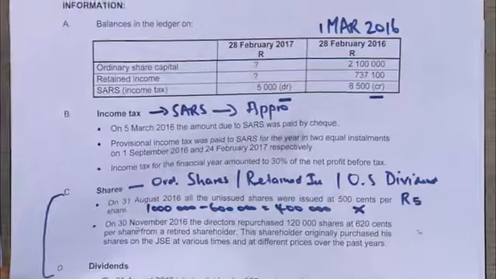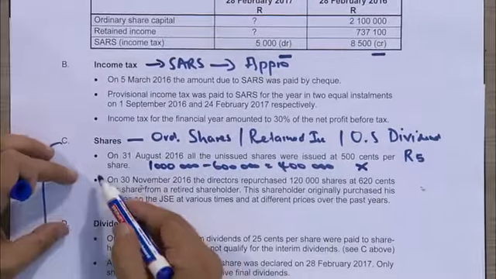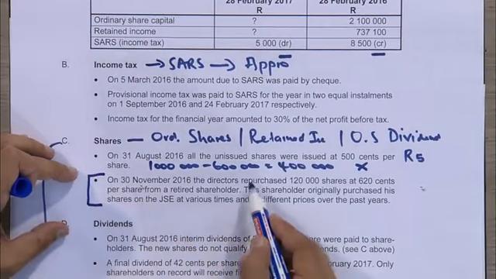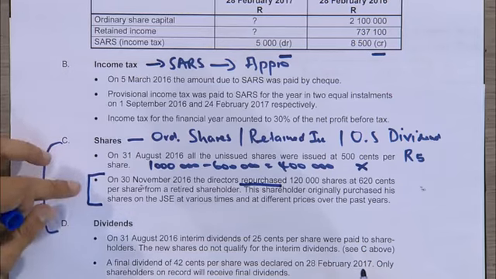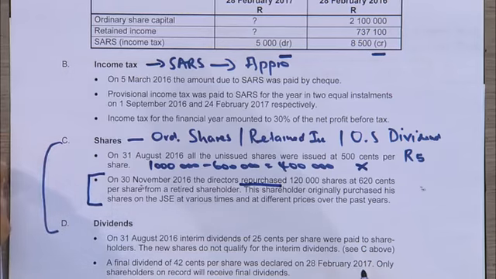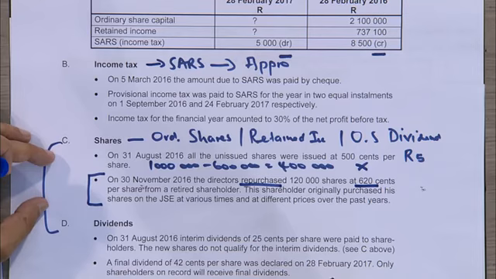Then, a very important part, where they're talking about the buyback or the repurchase. It says on the 30th of November, the directors repurchased 120,000 shares at 6 rand 20 per share from a retired shareholder. These shares were originally purchased on the JSE at various prices over the past years.